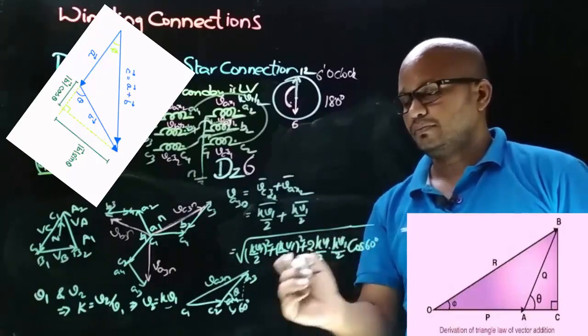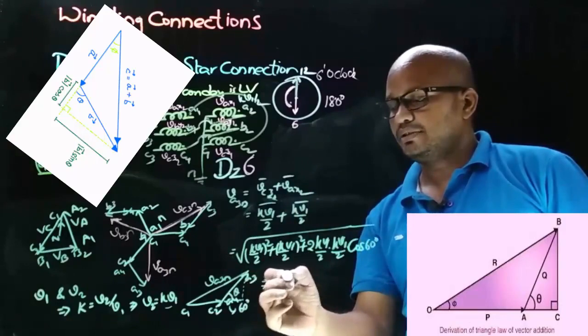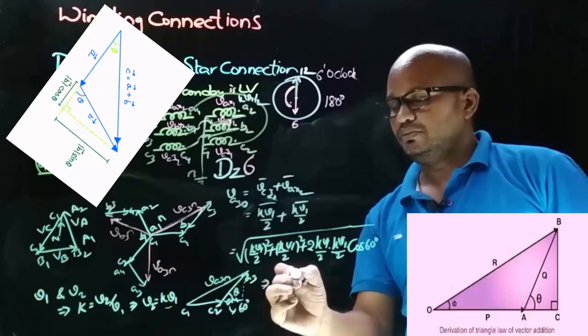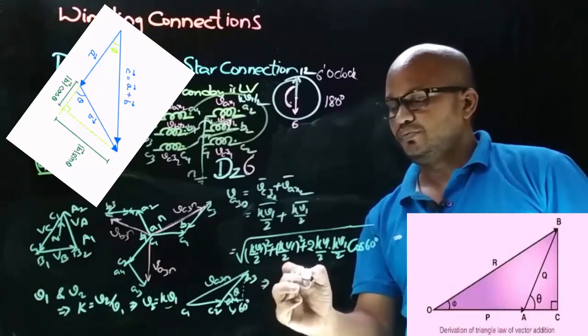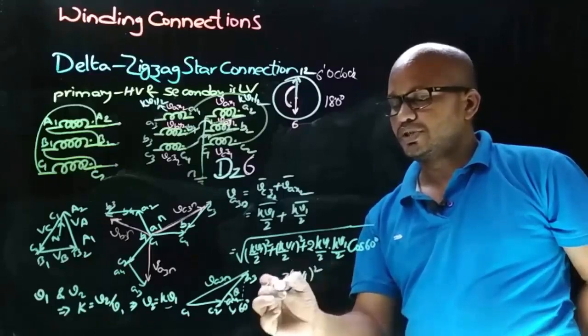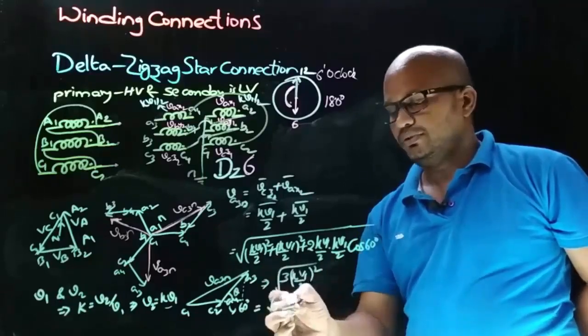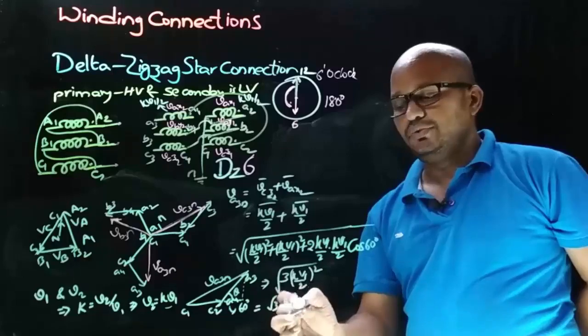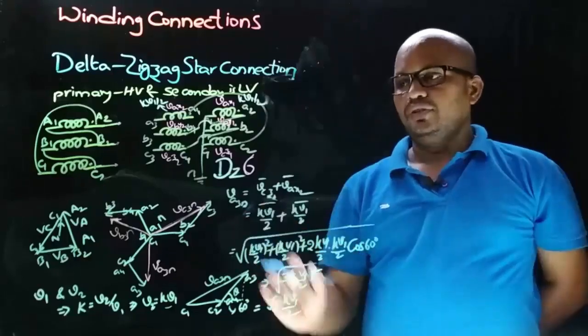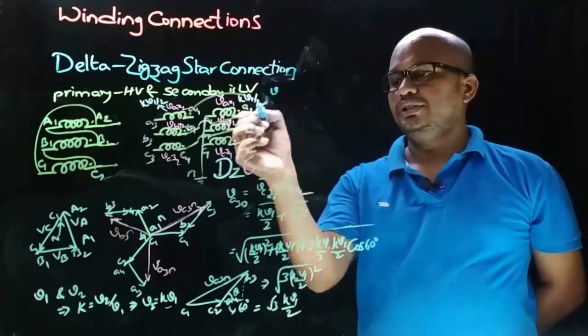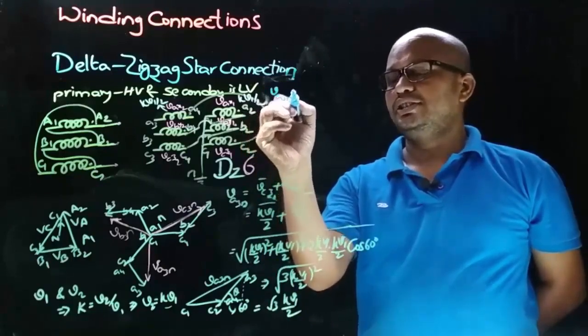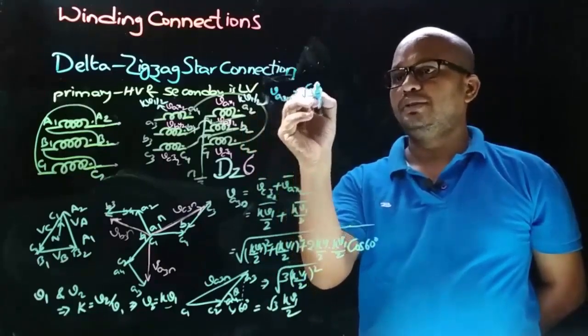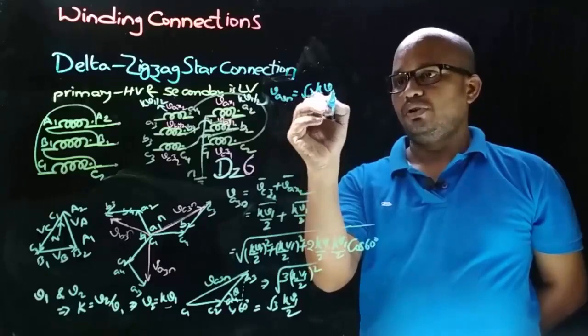So that implies root over 3 into K into V1 by 2 whole square. That will give you root 3 times K into V1 by 2. Therefore, the relation we got is VA3N is equal to root 3 times K into small v1 by 2.